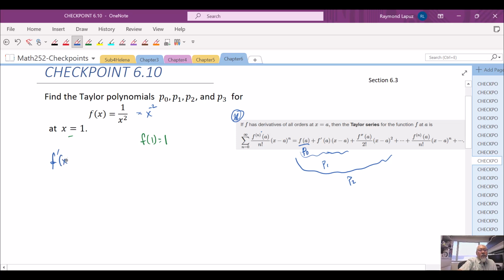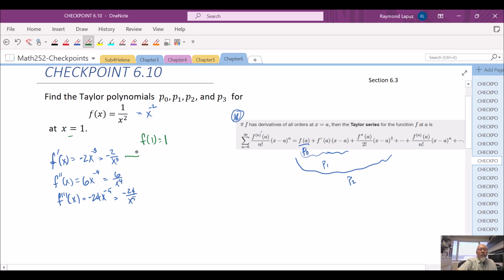This will give me negative 2x to the negative 3 power, or negative 2 over x cubed. Then f double prime is going to be positive 6x to the negative 4th power, which is equal to positive 6 over x to the 4th. And then we might need one more derivative, the third derivative, which is negative 24x to the negative 5th power, that is negative 24 over x to the 5th.